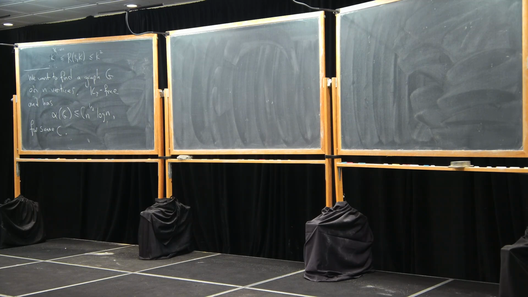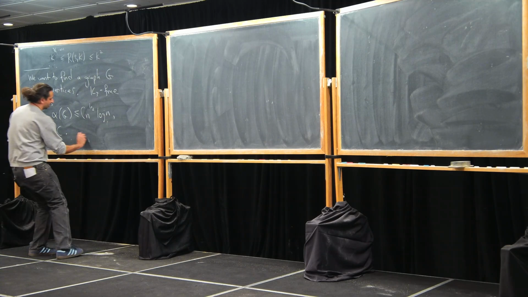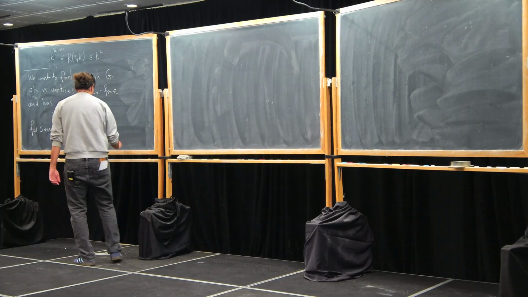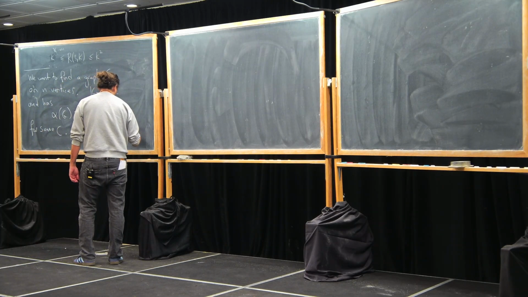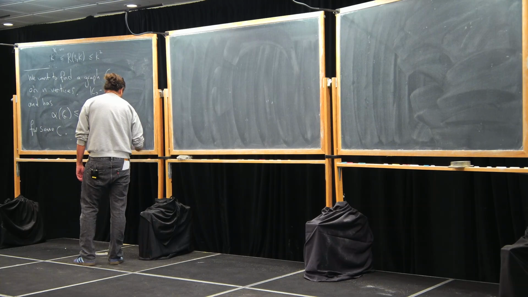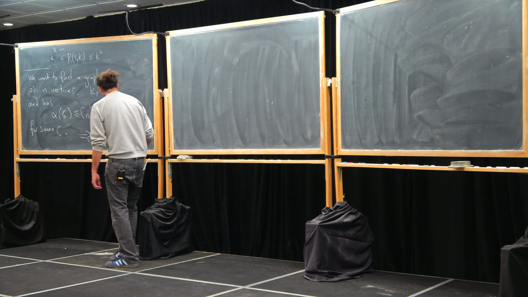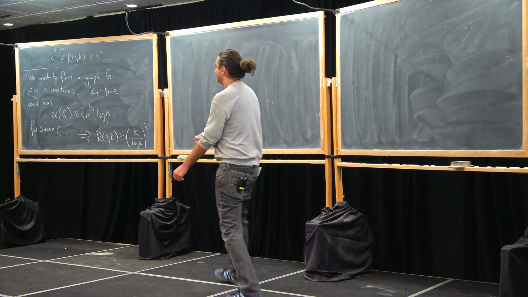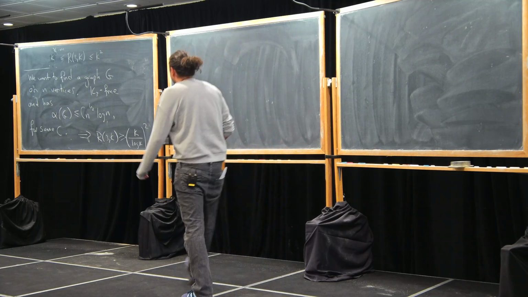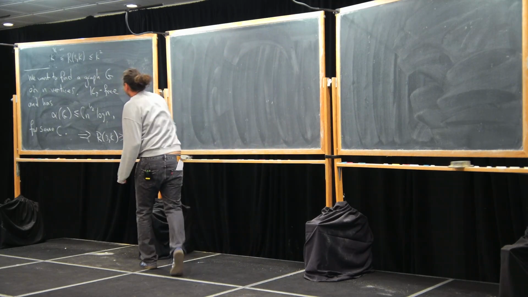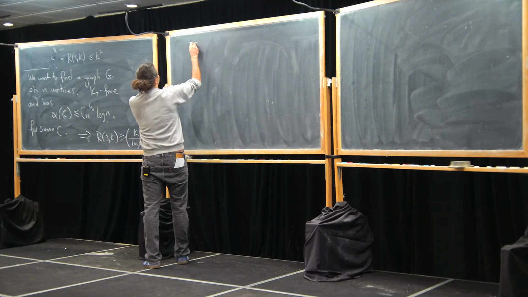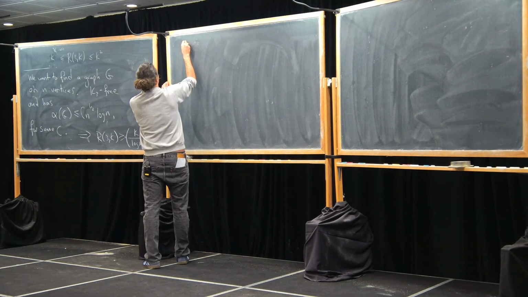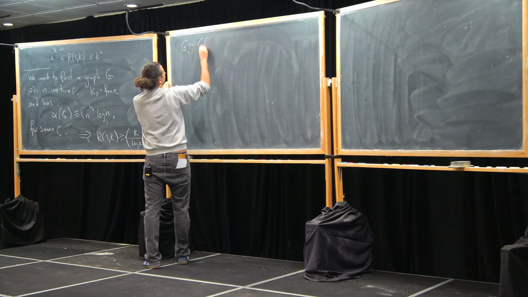If we can construct such a graph, then this implies that the Ramsey number R(3,k) is at least c k squared over log k squared for some constant c, for sufficiently large k.